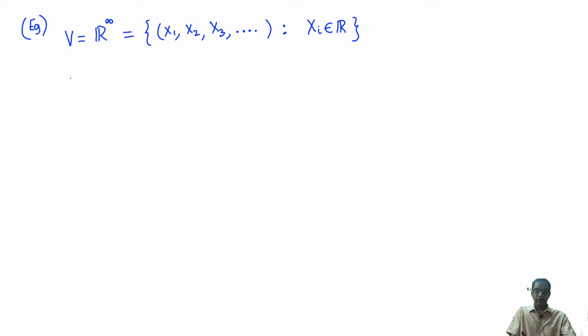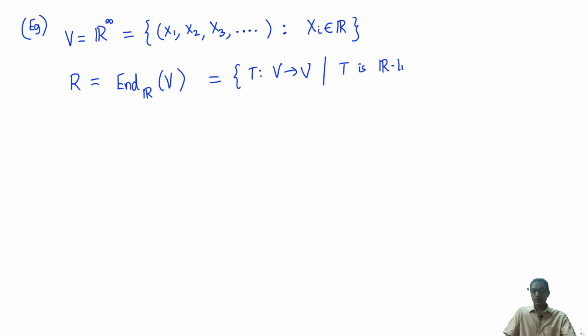And let me define the ring for you. Let's take the ring R. Remember, I'm looking to construct a non-commutative ring. The ring is just the set of all linear operators on this infinite dimensional vector space, that is, all linear maps T from V to V, R-linear operators.